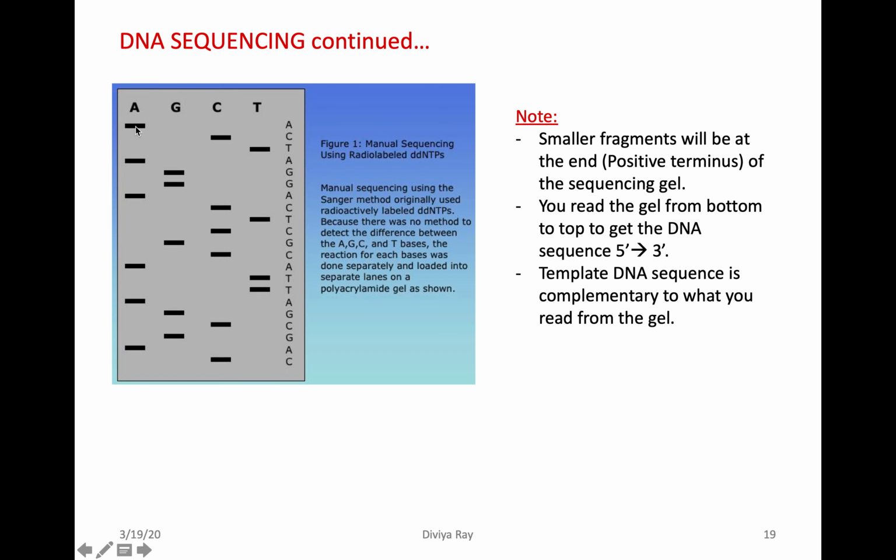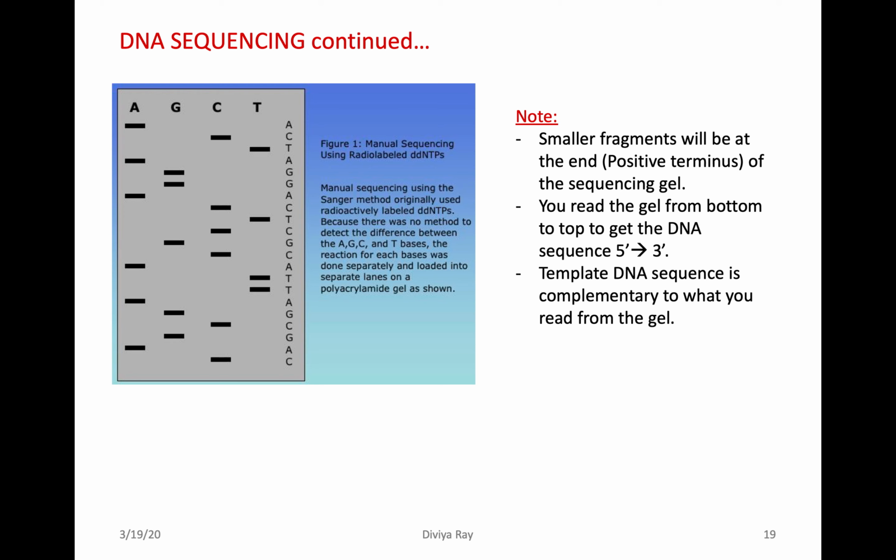So let's say this is the sequencing gel that you end up obtaining. Now the fragments, we know that DNA is negatively charged, so it will be moving from negative terminus to the positive terminus when you apply the current. And the smallest fragment, which will be the closest to the 5' end, this will be the fragment that was synthesized first.